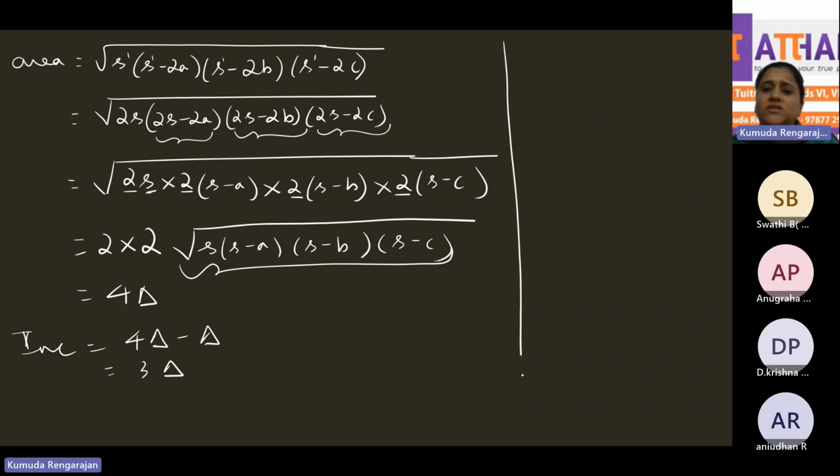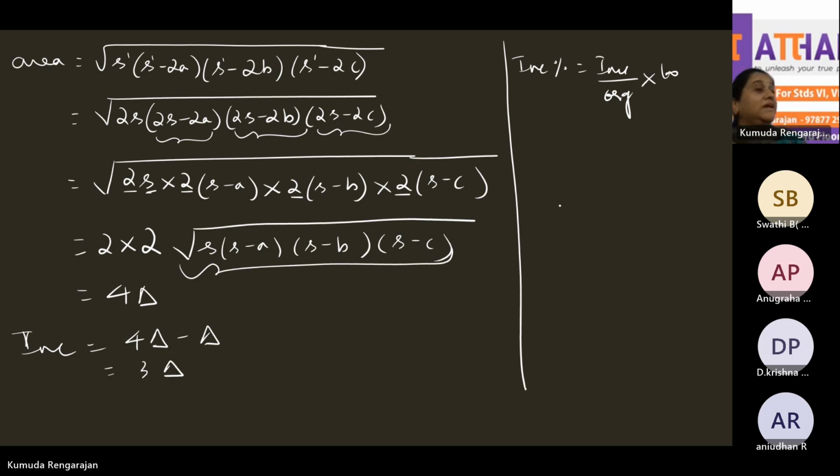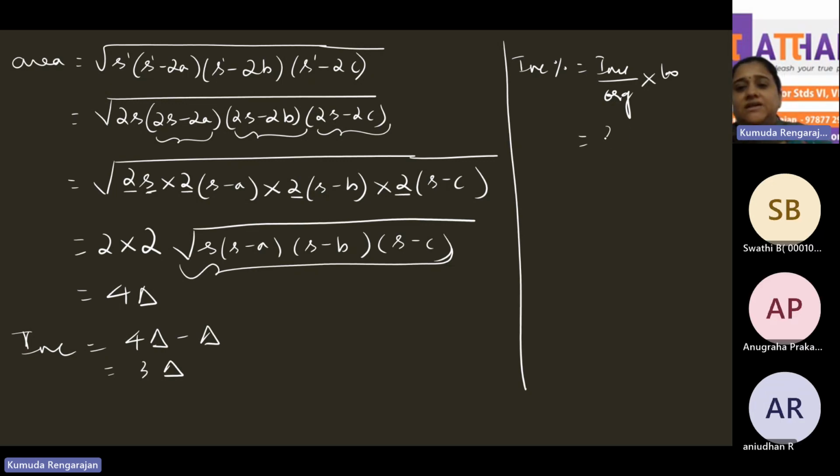Now the increase percent. All this formula we've seen in 8th standard: increase percentage is equal to increase by original into 100. Decrease percentage will be decrease by original into 100. So what is the increase? 3 delta.